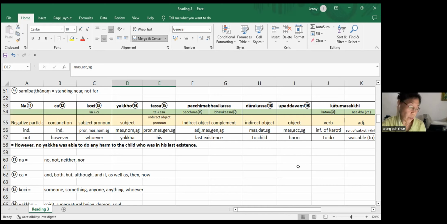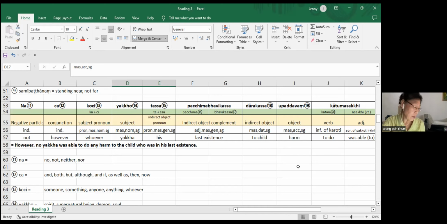I was just wondering whether since na is at the beginning of the sentence, it negates the whole sentence, and whether we could also take it as na referring to the verb asaki, not able to do.